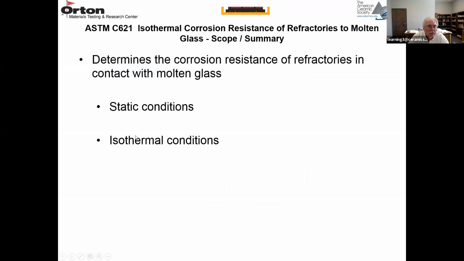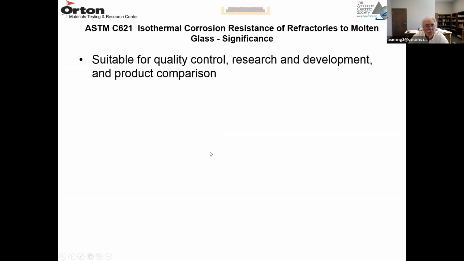It's static. You're not changing the glass composition. You're not moving the sample or the glass, and it's isothermal at a constant temperature. You can use this for quality control, research and development, developing new refractories, and comparing products for an application.